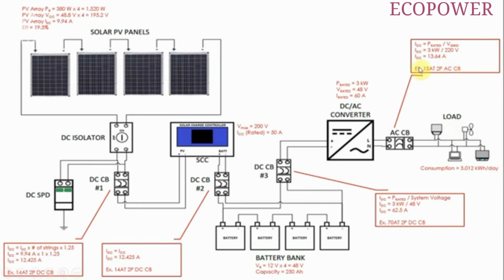There's an error here, this should be AC. Current AC, IAC, is 13.64 amperes. In this example, we chose an AC circuit breaker with a value of 15 ampere trip, 2-pole AC circuit breaker.